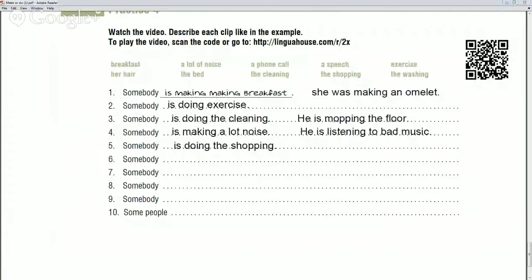Hold on. Okay, so what is he doing? He's making a speech. Yes. So he is making a speech. Okay.